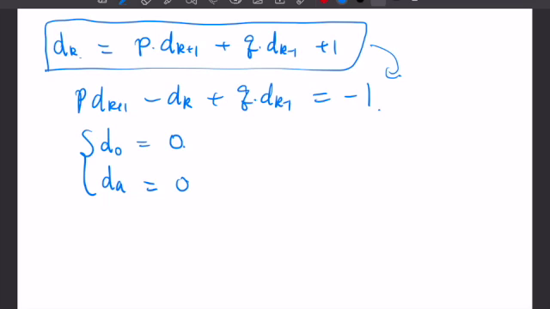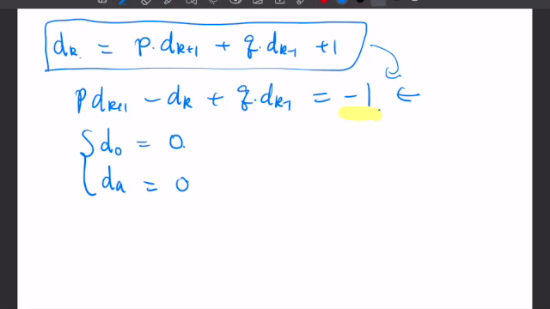And this difference equation looks quite similar to the one we encountered for calculating the probability of ruin. But there is a difference, and that is this part. Previously it was 0 here, but now we have a non-zero constant.